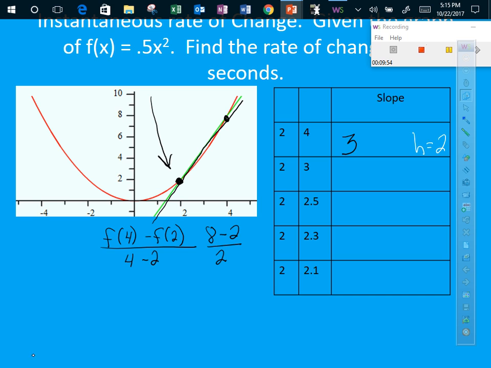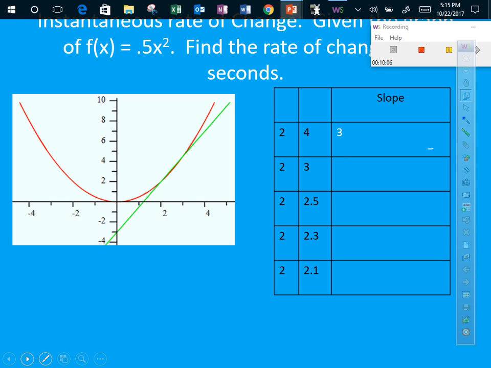So what I've done to you so far, the slope from here to here is 3. That's all I've done to you so far. Now, what I'd like to do on the next line is I'm going to say, well, that's close. But let's get closer. I'm trying to find the slope right there. So instead of using an x value of 4, let's bring it on down to 3.